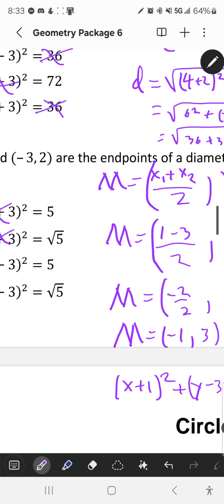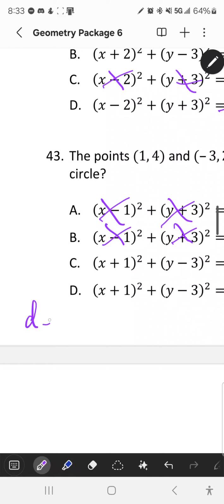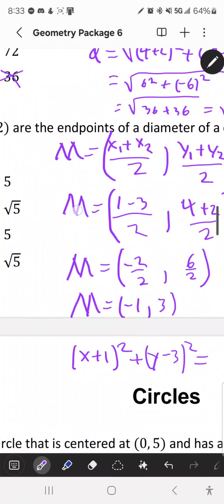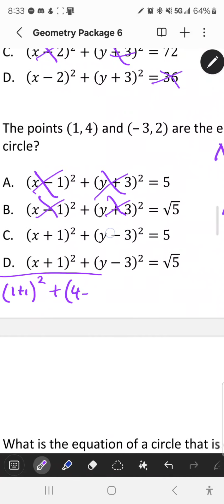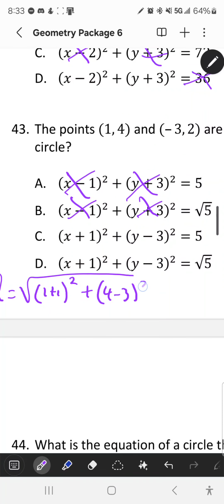We can choose either of the 2 points. So I'm just going to say the distance formula is the square root of, I'm going to say 1 minus negative 1, so 1 plus 1 squared, plus 4 minus 3 squared. This is plus because minus minus 1 is positive.